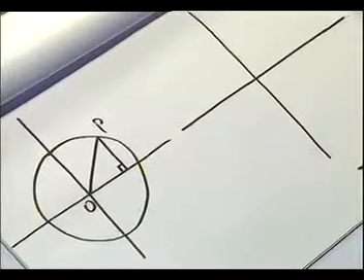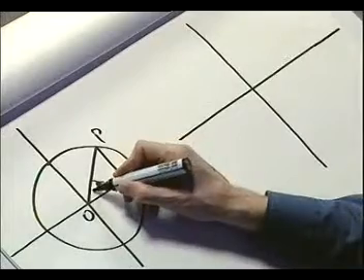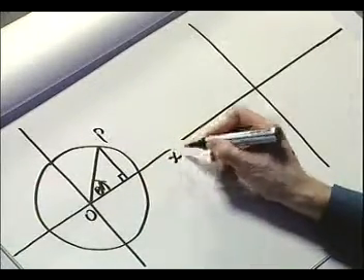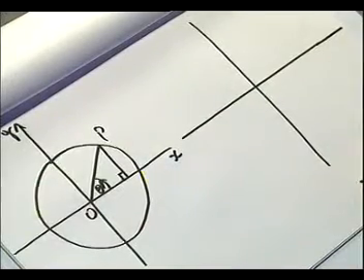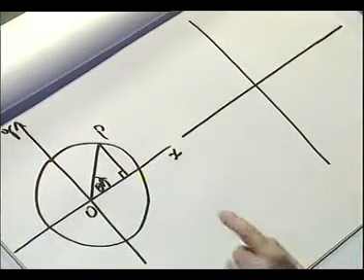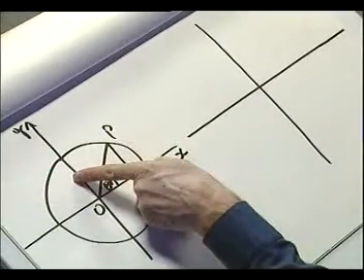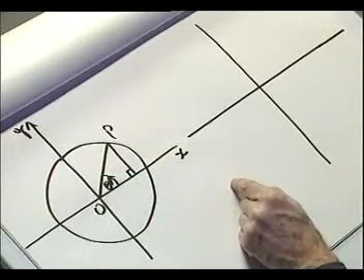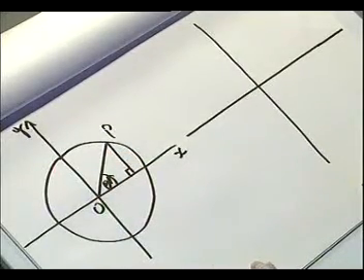Now, we're looking at tan theta, where theta is the angle between the x-axis and OP. And we know that the tangent is defined to be the projection of OP on the y-axis divided by the projection of OP on the x-axis.